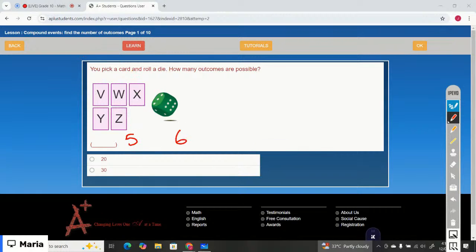And for the die, the total outcomes are 6. So the outcomes of the compound event is 5 times 6. So that means the total outcomes are 30. So the correct option is 30. Option number 2 is the correct option.